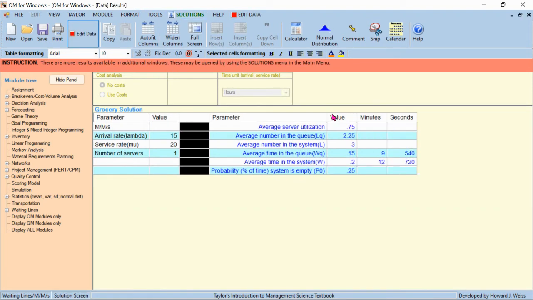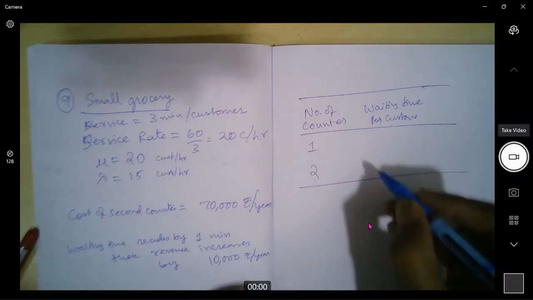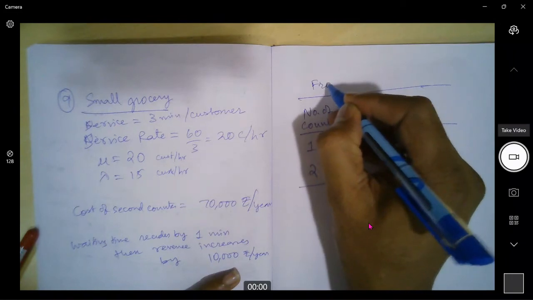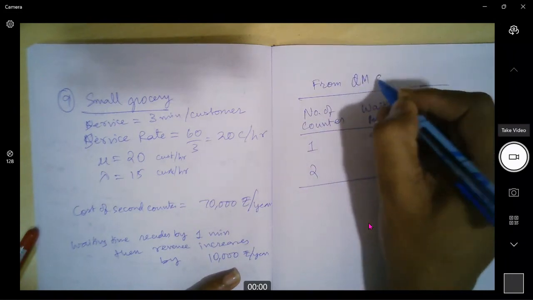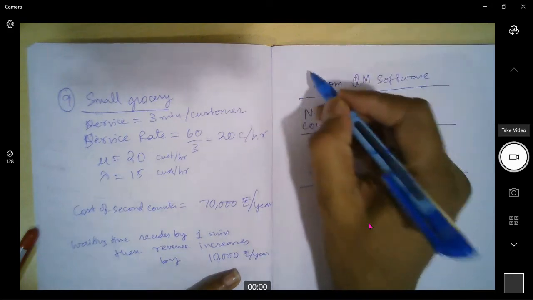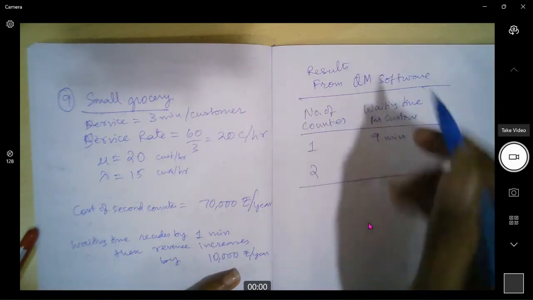Here you can see the average time in queue, Wq, is 0.15 hours or 9 minutes. I don't care about other answers. Here the customer waiting time is 9 minutes. These are the results from QM software.